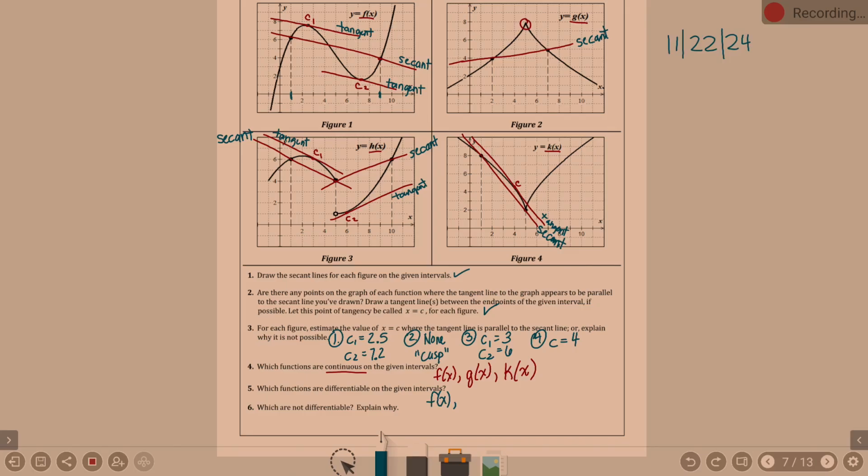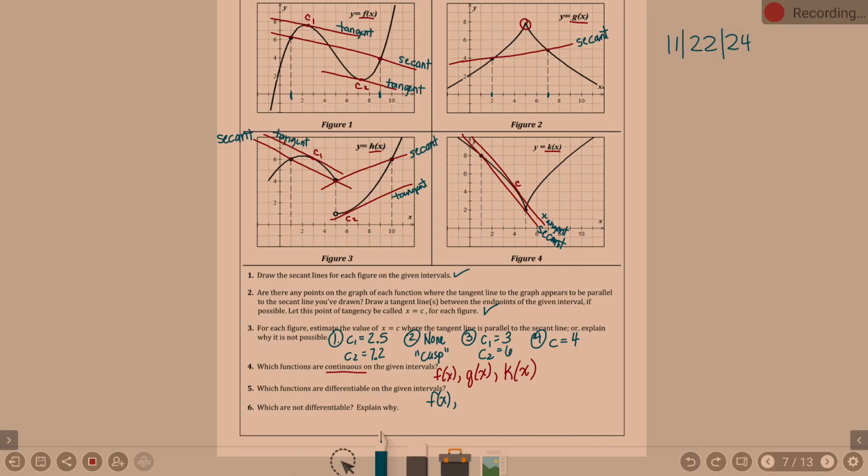There's no issues on graph F. It's continuous, it's differentiable, no question about it. But it changes things up somewhere else. Figure 2, from here to here, is it differentiable? No, because the cusp is in that range. So we're back to that same problem.